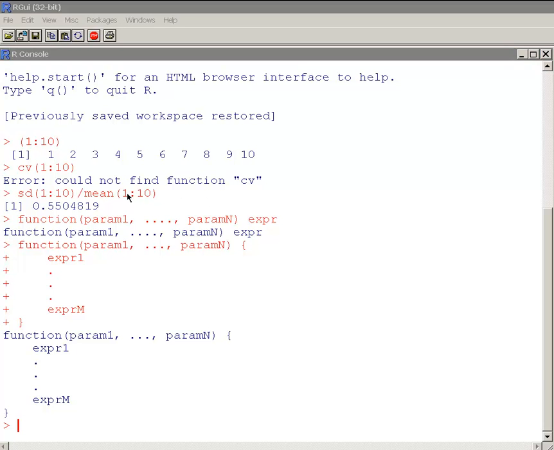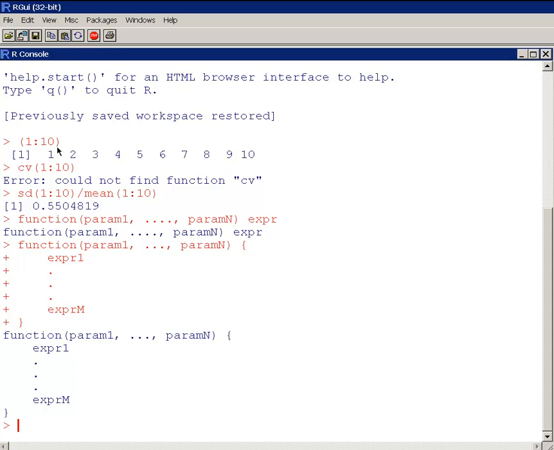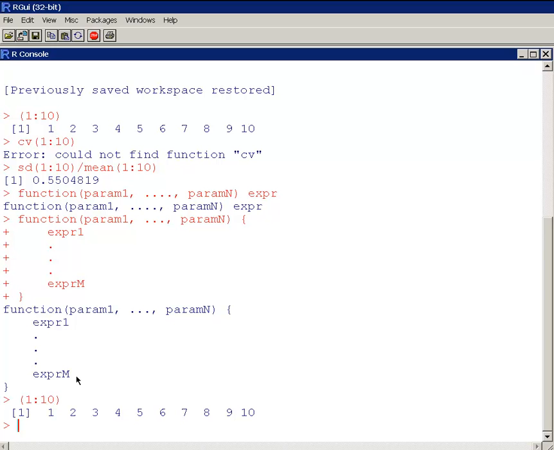Now up here you can see, remember that this gives me a vector. Let's just try that again. So this is going to give me a vector of elements from 1 to 10, like that.